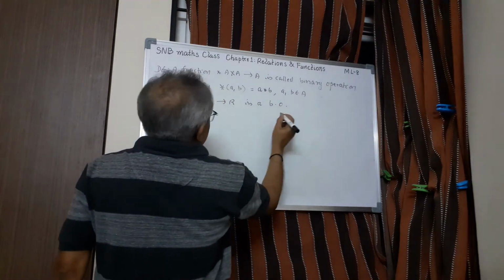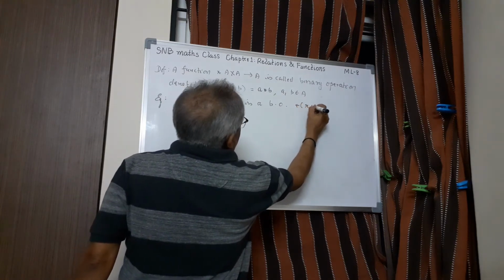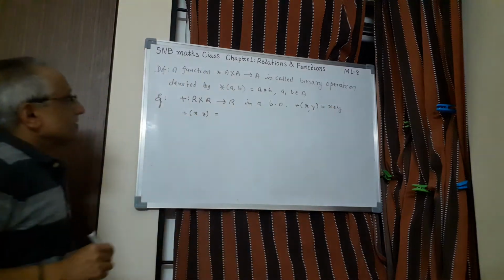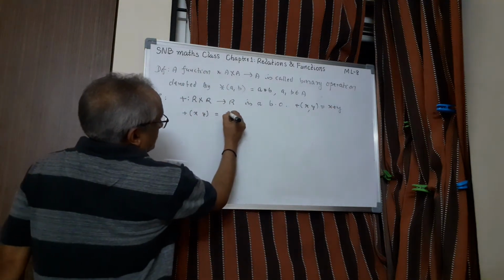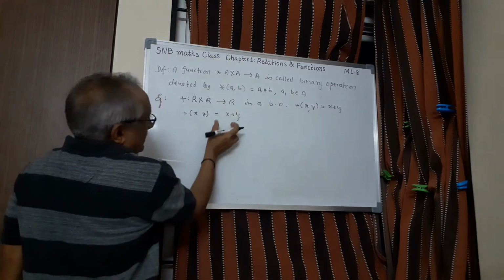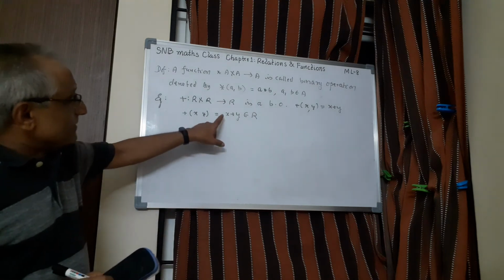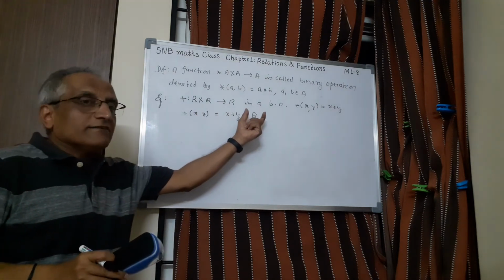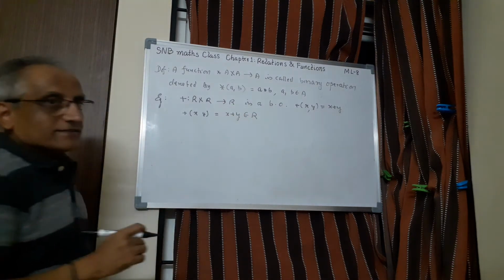What is the definition? Plus of (x, y) equals x plus y. So this is a binary operation because x plus y belongs to R, because whenever x is a real number and y is a real number, the sum of two real numbers is always a real number. So this element will be here. So it is a binary operation.